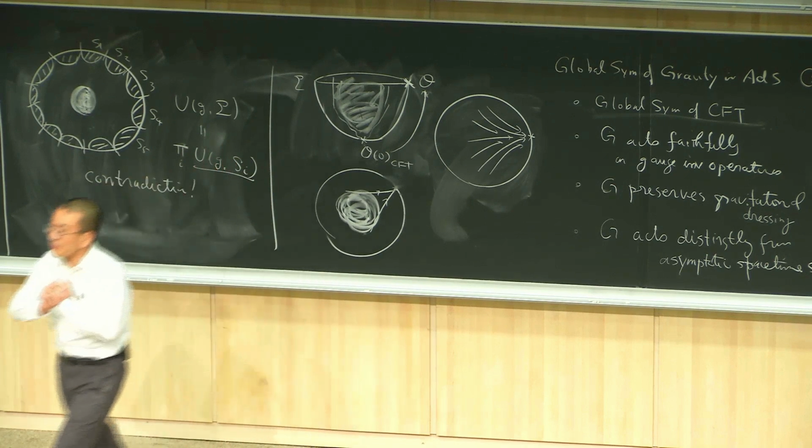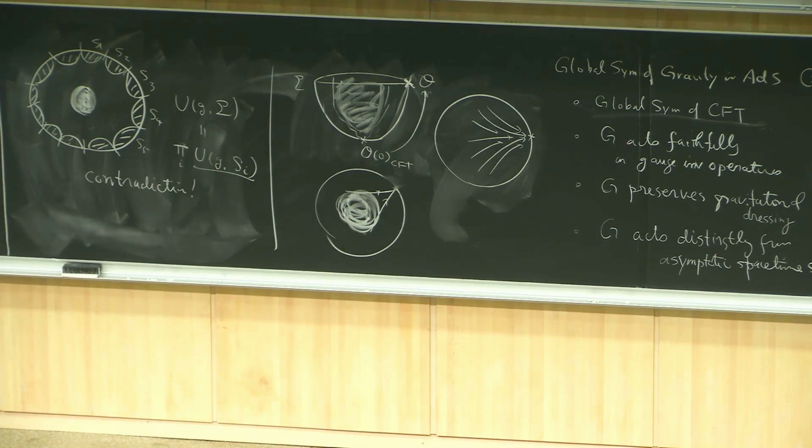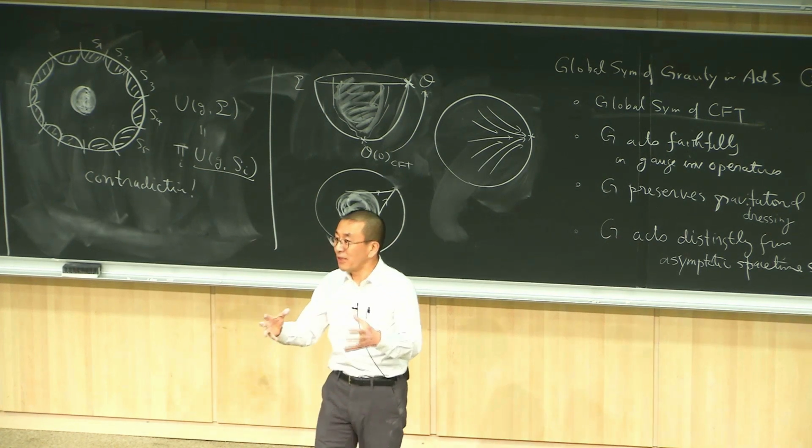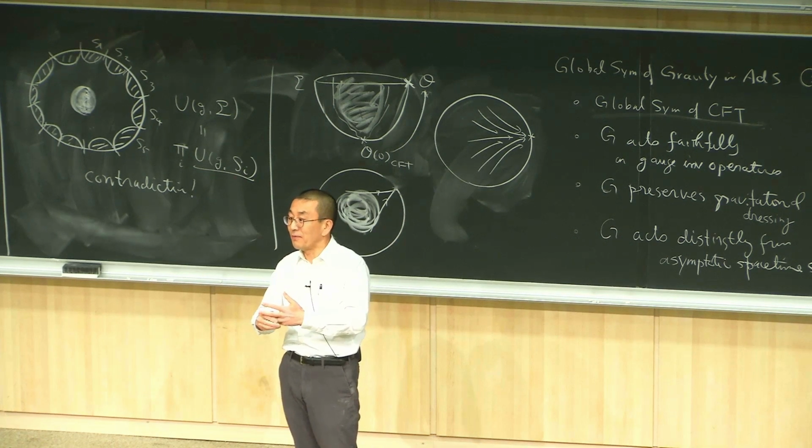Yes? Again, I feel it's a mix between semi-classical and full quantum. This is okay in the semi-classical theory, but who told you that there are two different quantum operators that look identical? Yeah, so let me try to be more precise. What I'm trying to prove is that suppose you have a symmetry satisfying these conditions that acts non-trivially on states you can construct in the low energy effective theory.